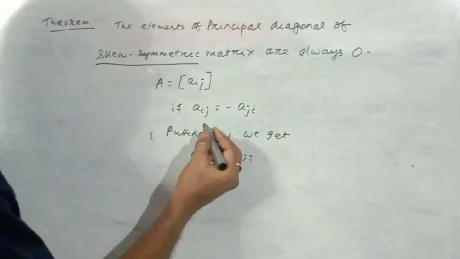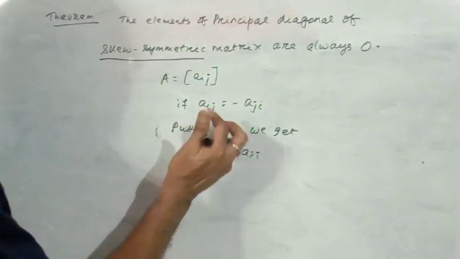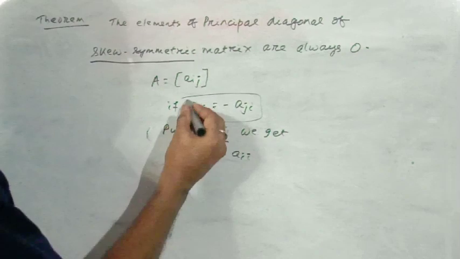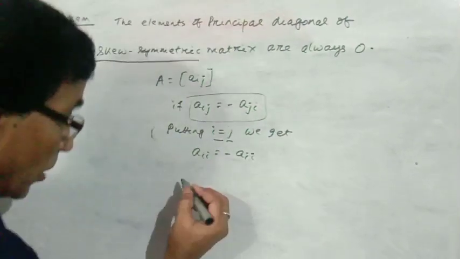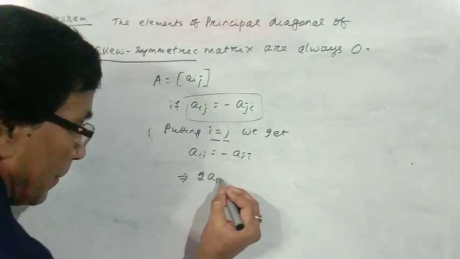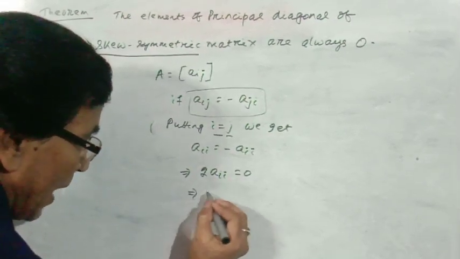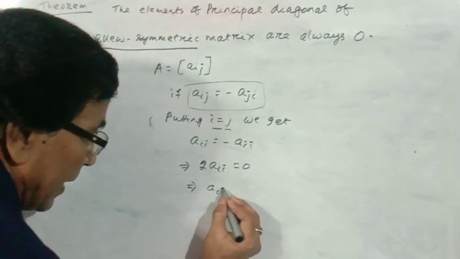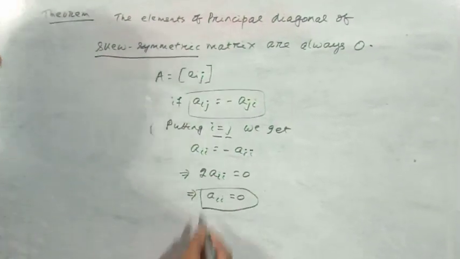That means if we substitute j is equal to i in this relation, then we are getting Aii is equal to minus Aii. So that implies that 2Aii must be 0. So this implies that Aii is equal to 0. So what is Aii?